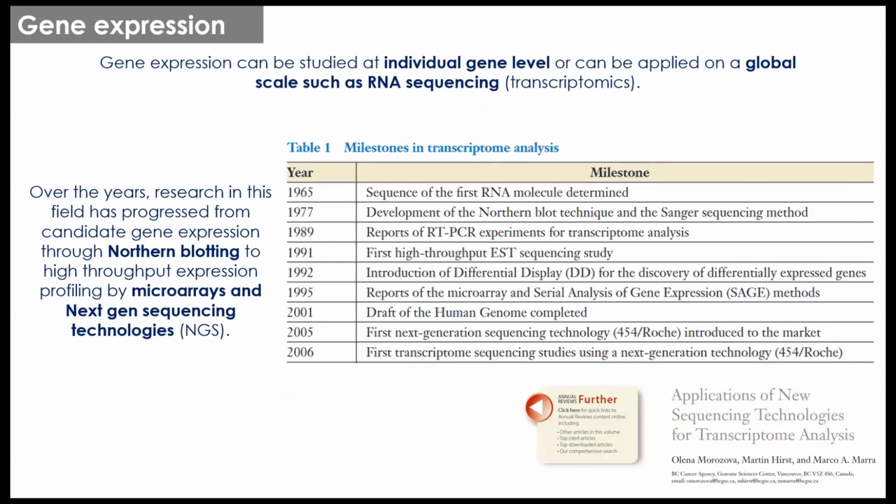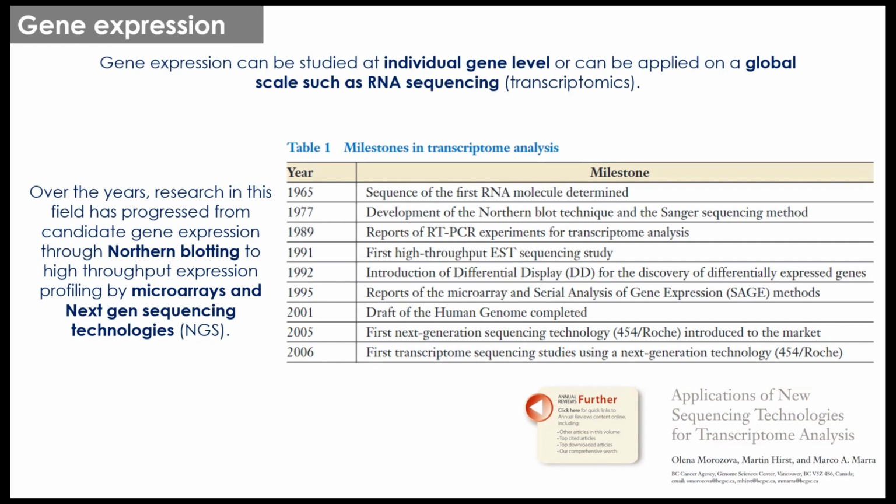When you talk about gene expression, it can be studied at an individual gene level. For example, if somebody is studying how climate change or temperature increase is affecting, let's say, shrimp, then we may focus only on the HSP70 gene.